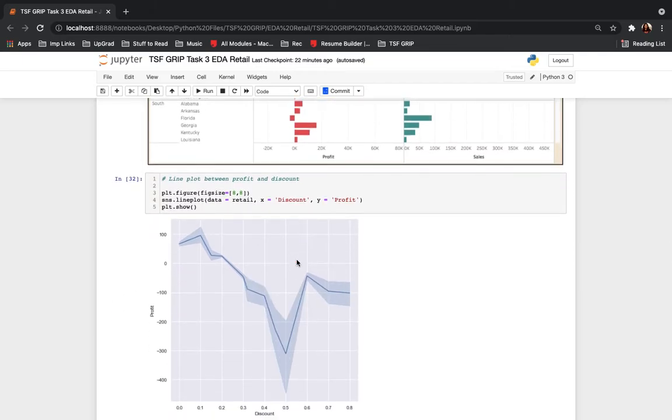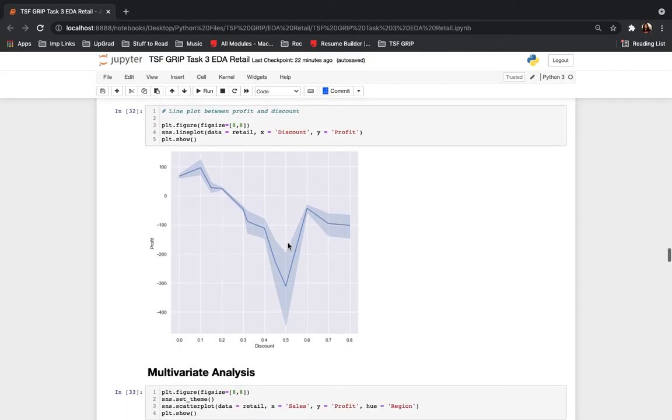Moving ahead, I wanted to check for what discount the profit seems to be dipping down. So this is a line plot or a line chart of profit versus discount. And if you can see at around 25%, 24% or so, the profit starts going, like it cuts the x-axis and goes below zero, and it is now completely dipping.